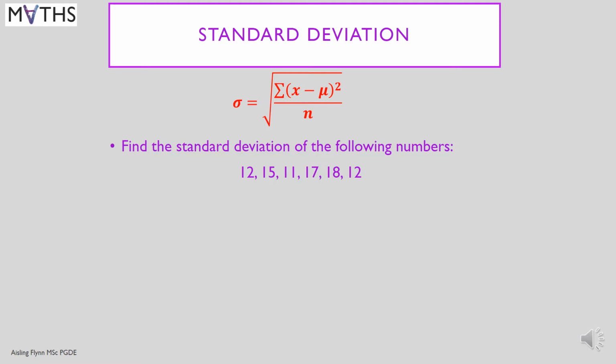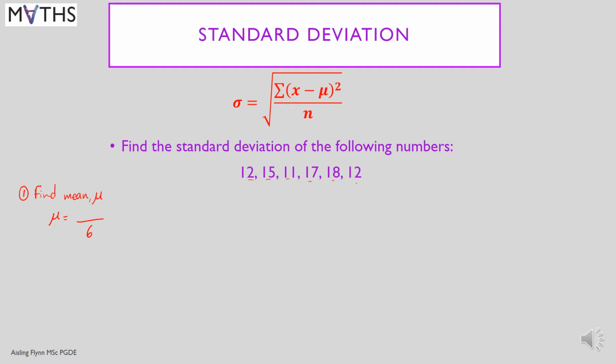So now let's give it a go. Find the standard deviation of the following numbers. So if you recall, our first step will be to find the mean, which is mu. So mu will be equal to, we'll have to add them all together and divide by how many. So how many? 1, 2, 3, 4, 5, 6. We'll be dividing by 6, and I'm going to use my calculator to add those 6 numbers. 12 plus 15 plus 11 plus 17 plus 18 plus another 12.